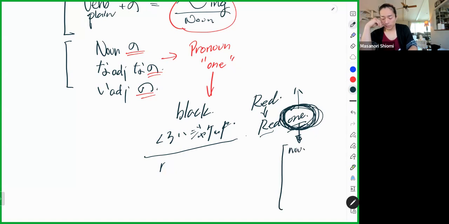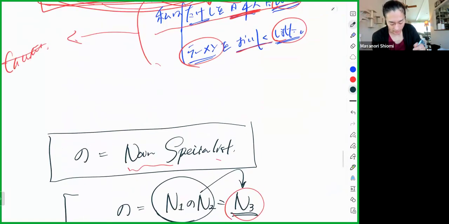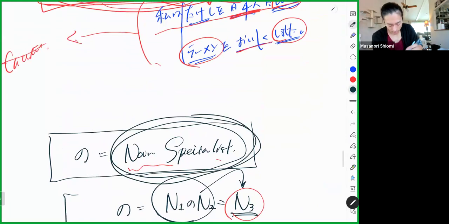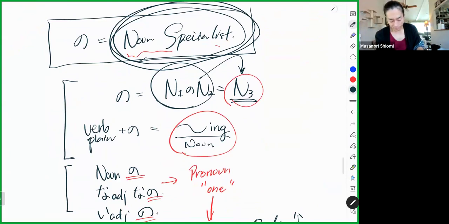Like noun, verb, adjective, adverb? What kind of word is one? Noun, right? That's why I call it no, the noun specialist. It's so good at dealing with nouns.